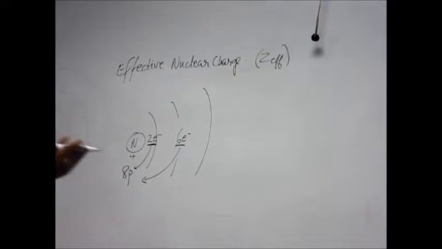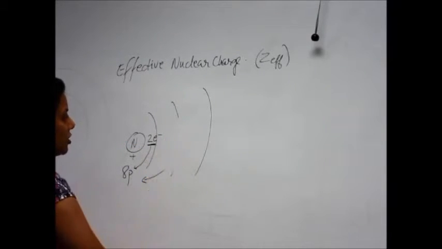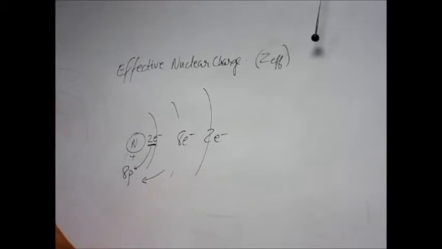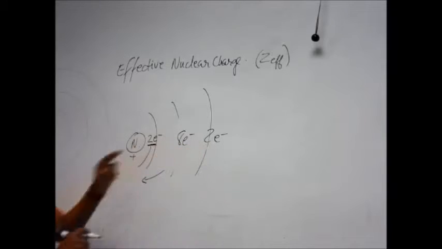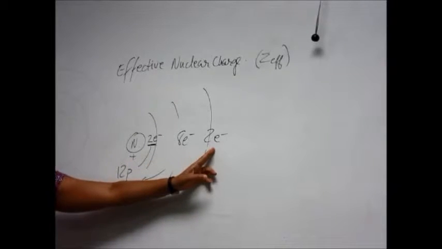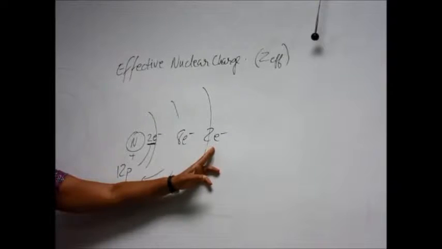And if you fill out these 8 electrons as well, and then start filling out the third shell, so now we have a total of 12 protons. But the effective nuclear charge has decreased for these 2 electrons, hasn't it? Because these 2 electrons are farther away.